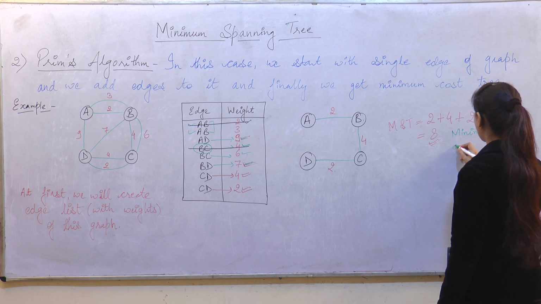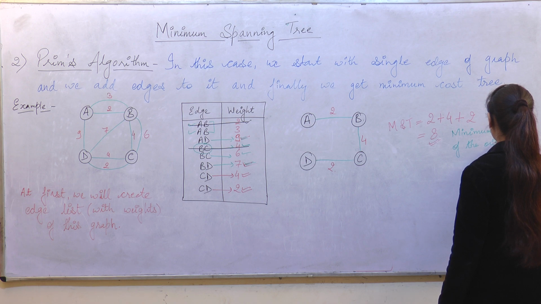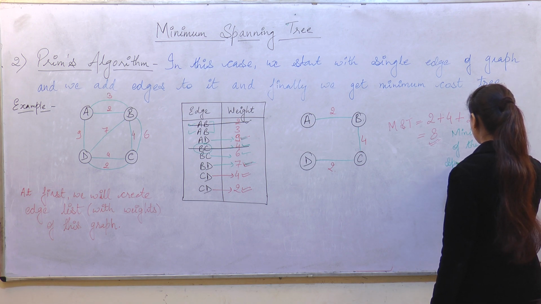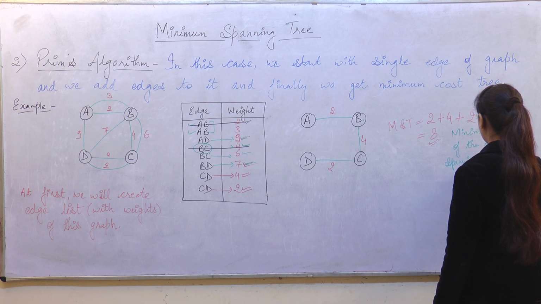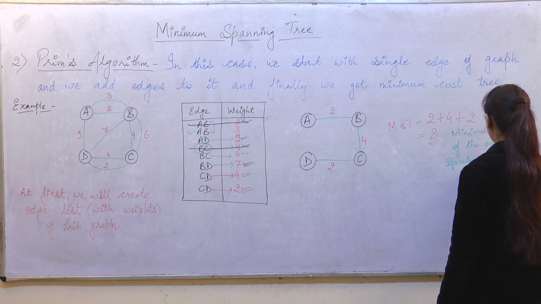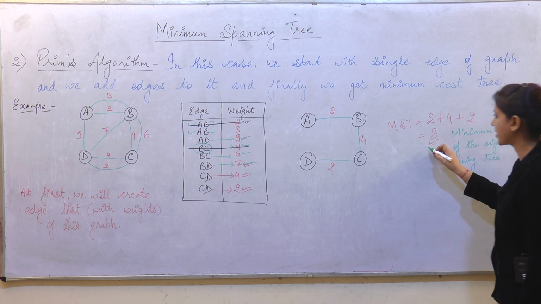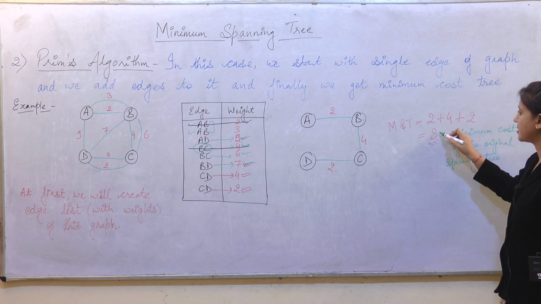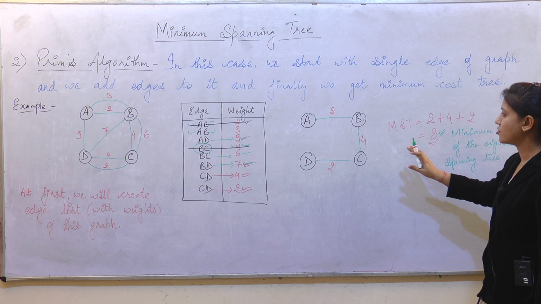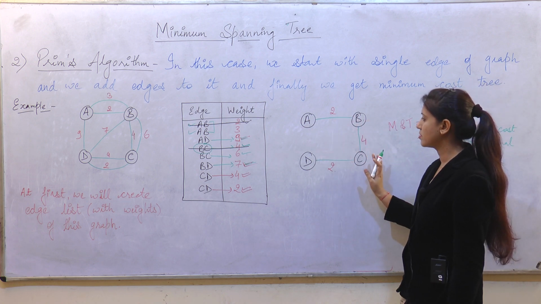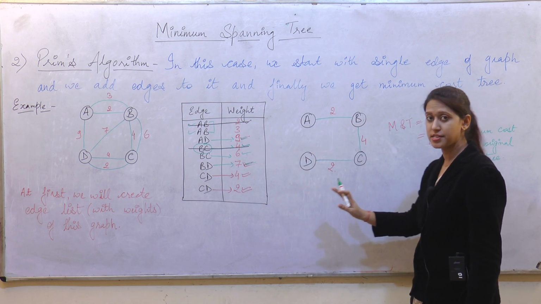So this is the minimum cost of the original spanning tree. We cannot get the cost less than 8 by joining any of these nodes through the given edges.